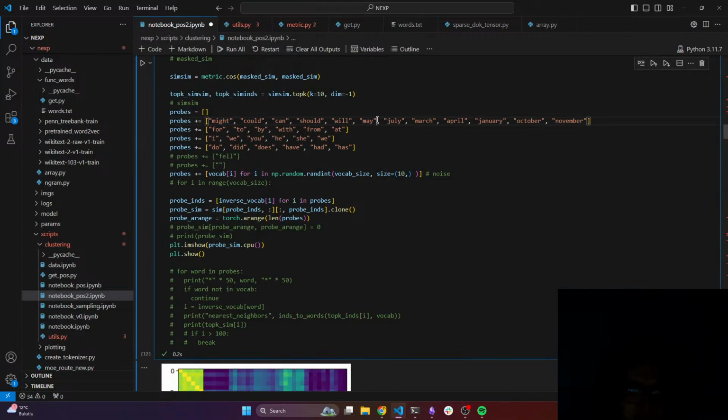The first are might, could, can, should, will, may: the modal verbs, I guess. These are not necessarily functors, but they're also a category. Then for, to, by, with, from, at: prepositions. Pronouns, nominative pronouns, and these are just, I don't know what to call them, do verbs.